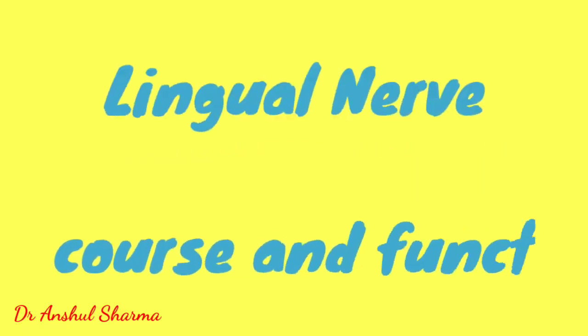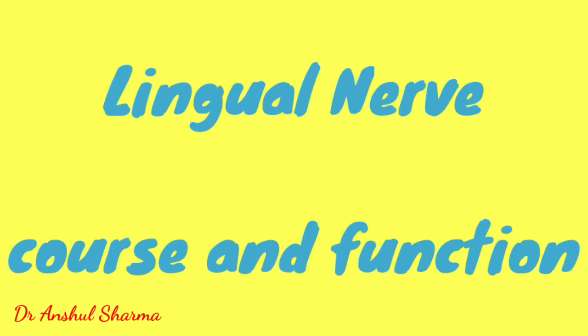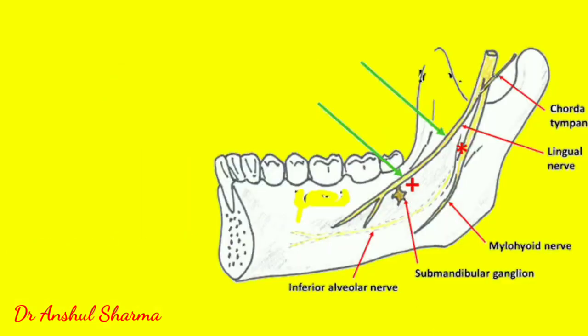Let us discuss in detail the lingual nerve, its course and function. This branch of the trigeminal nerve carries general sensory axons. It also acts as a conduit for special sensory and autonomic fibers belonging to the chorda tympani, a branch of the facial nerve, which is the seventh cranial nerve.